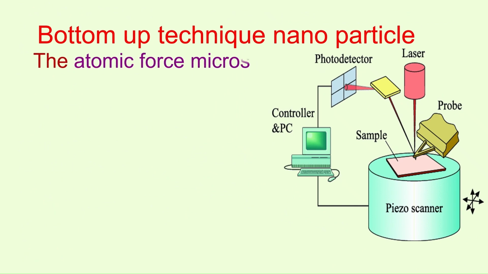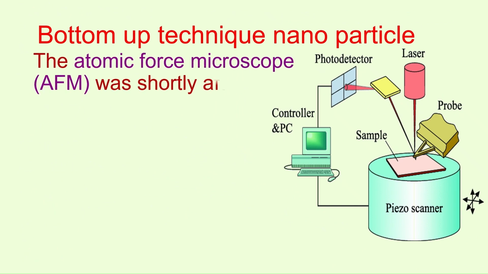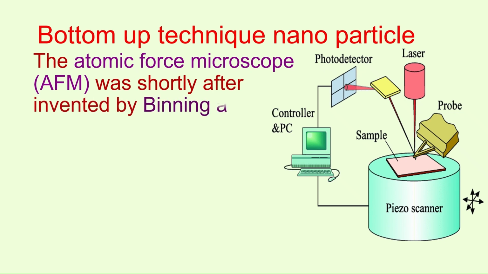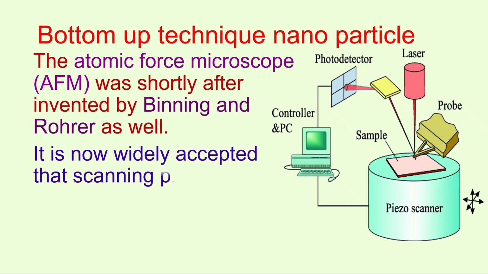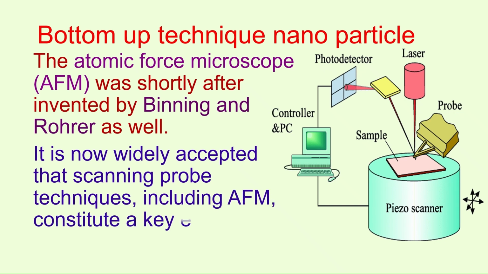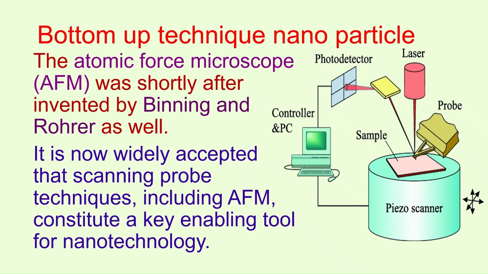The atomic force microscope, AFM, was shortly after invented by Binnig and Rohrer as well. It is now widely accepted that scanning probe techniques, including atomic force microscope, constitute a key enabling tool for nanotechnology.